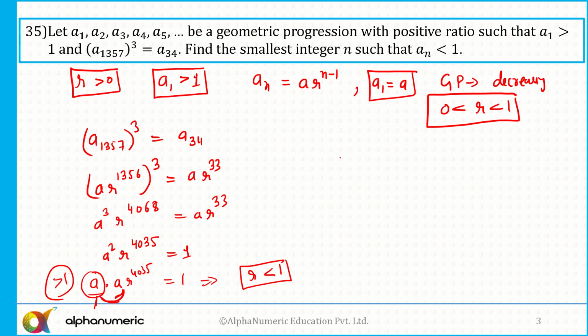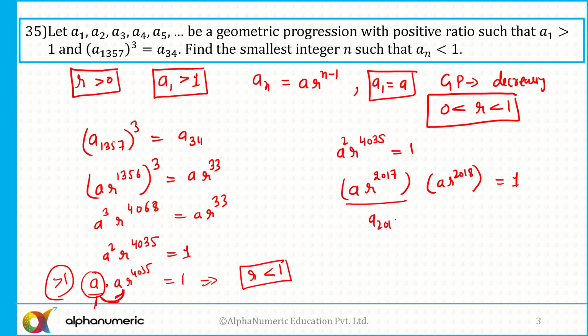Now, also we have identified that A square into R raised to power 4035 is equal to 1. So I can say this is A into R raised to power 2017, into A into R raised to power 2018. Write down the product of two consecutive terms, which is 1. If the product of these two consecutive terms is 1, this term is the 2018th term, and the second term is the 2019th term, and this is equal to 1.